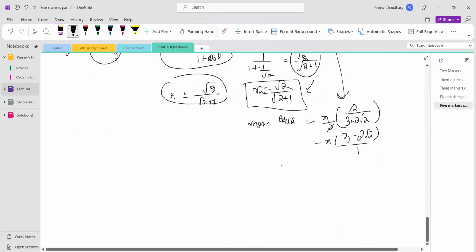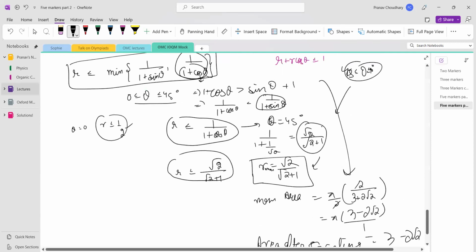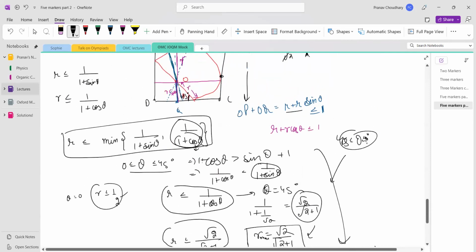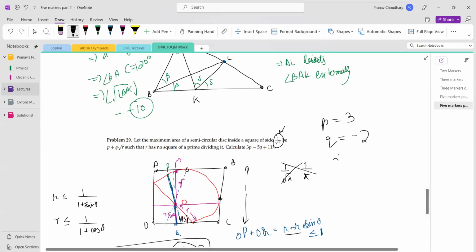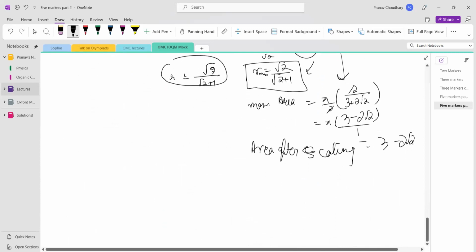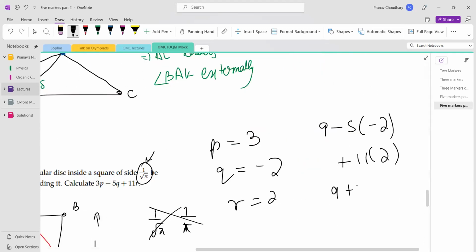So the area after scaling is 3 minus 2 root 2. So P is 3, Q is minus 2, R is 2. I just wanted to make the answer extraction weird. So 9 minus 5 minus 2 plus 11 times 2, 9 plus 10 plus 22, which is 41. So the answer is 41.